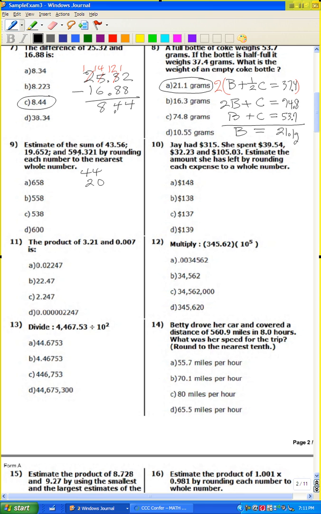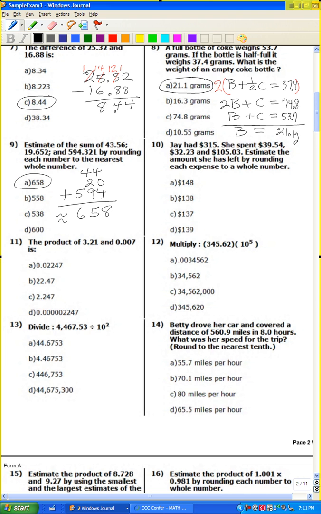And 594.321 is approximately 594. And so let's add these together. And so, if I add these, I get 8, 15, carry the 1, that's 6. So it's approximately 658.